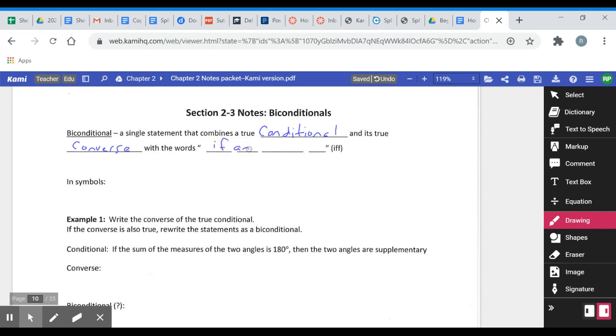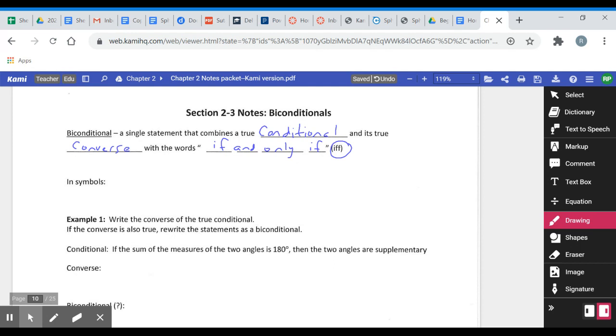If and only if. And someone came up with this little abbreviation, IFF. I think it looks a little weird, like a misspelling or something. So I don't usually use it, but if you would like to use it, that's a legitimate thing that you can use instead of writing out the words if and only if.